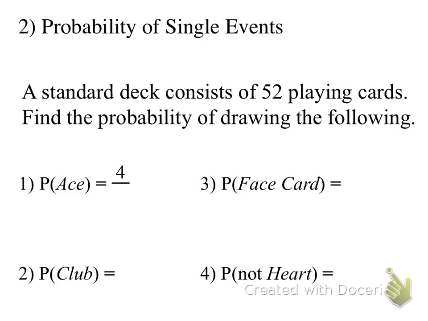Think about clubs. We said there's 4 out of 52 aces in a deck. What about clubs? No, because clubs starts at ace, 2, 3, 4, 5, 6, 7, 8, 9, 10, jack, queen, king.